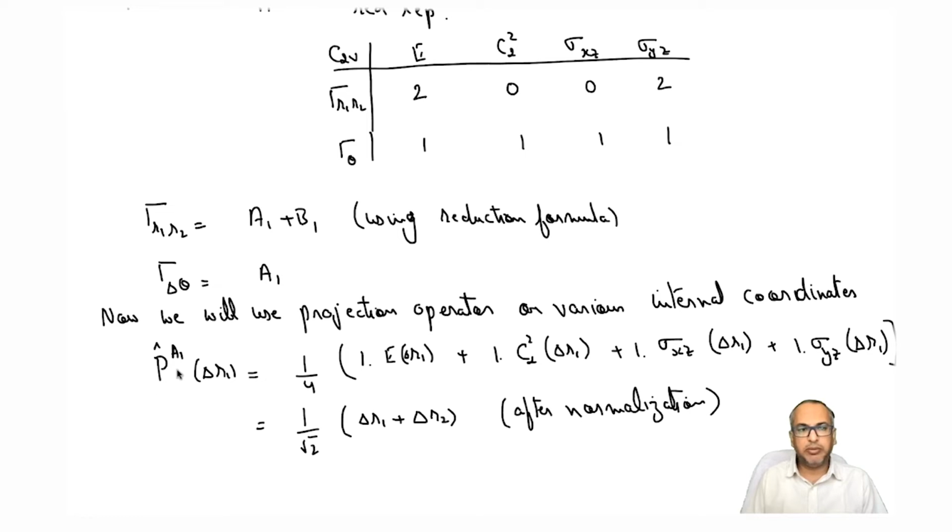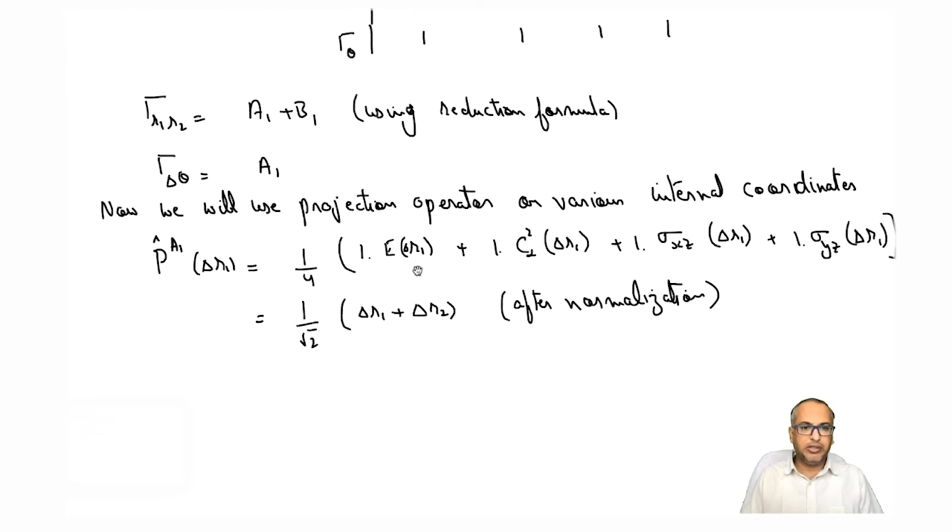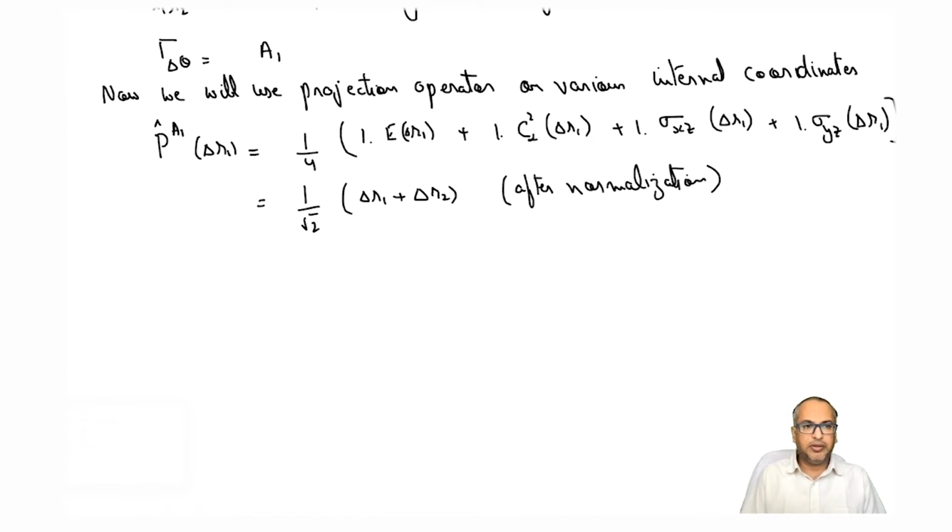See, this is a 1D representation A1. So you will get only one linear combination of the basis sets that will give you one normal mode, right? Now, similarly, if I do the projection operator B1, which comes again from the tau R1 R2, on delta R1, what do I get?